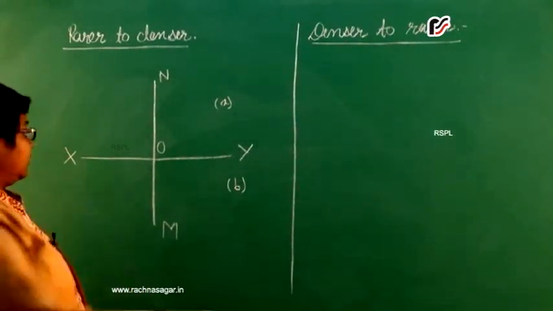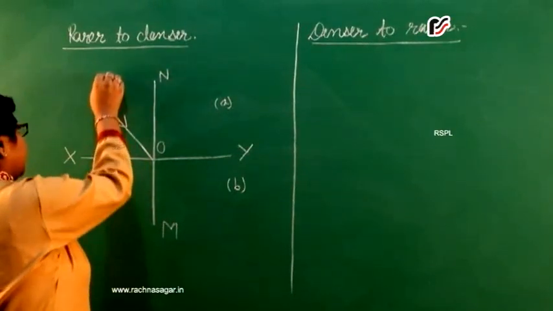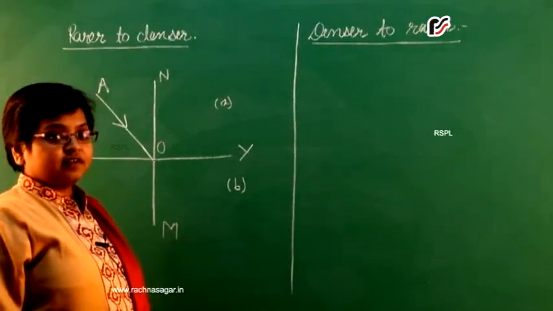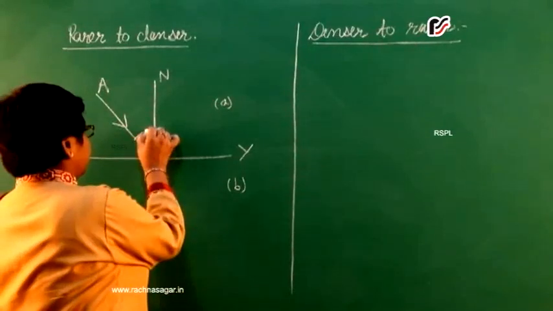NOM is the normal, and ray AO is incident on the interface at point O at an angle of incidence I.